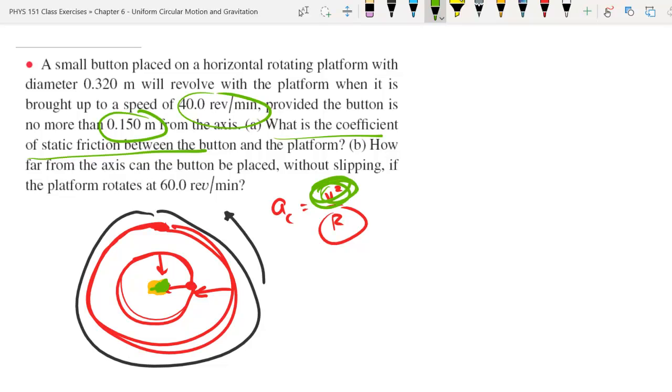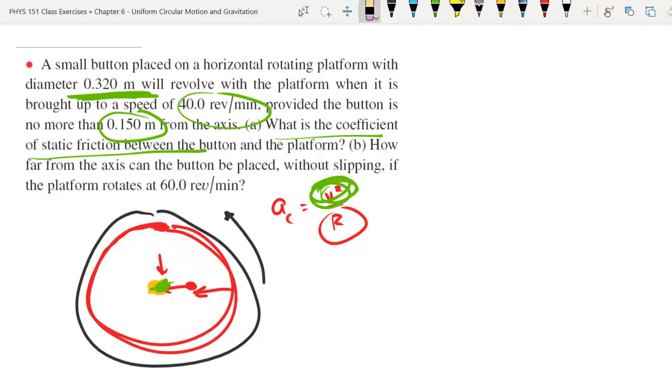This whole thing with the button being placed on a wheel with a diameter of 0.32 meters, that doesn't matter. We don't actually care how big the wheel is. We care about how far away the button is from the center, or really how big is the circle that this button has to stay in. That's what dictates whether or not it's going to fall off.